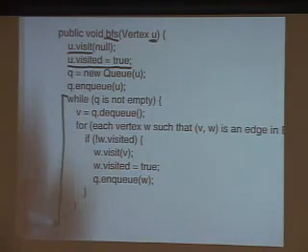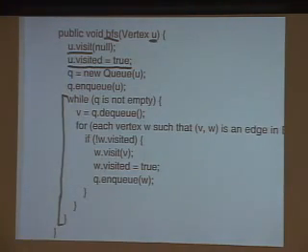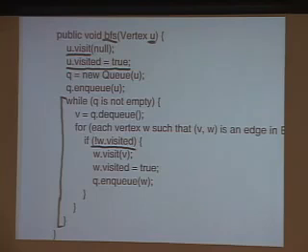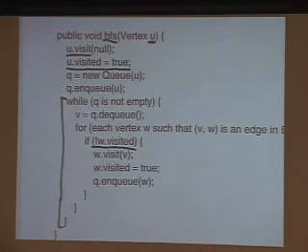What this while loop does is over and over again, it dequeues one vertex off of the front of the queue. It finds all of the vertices that are reachable along one edge from that vertex, and checks each of them to see if they've been visited or not. That's what this line does. It checks a neighbor w of v to see if w has been visited or not. And if it hasn't been visited, then we visit it.